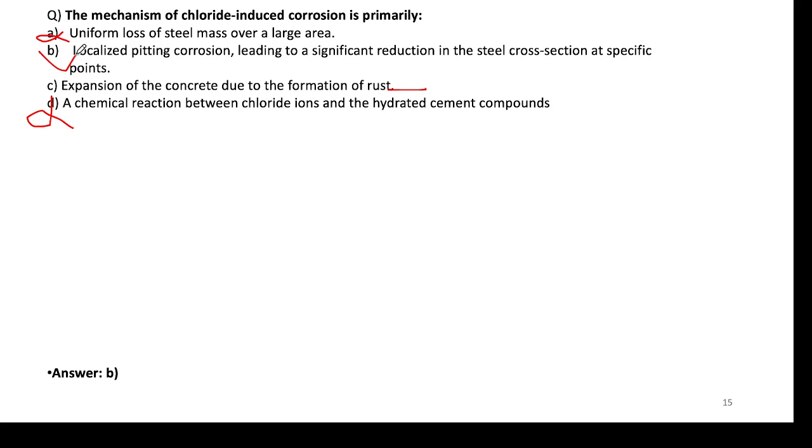Hence, chloride induced corrosion is very critical. If we see the different types of durability criteria or attacks, chloride attack is very severe.